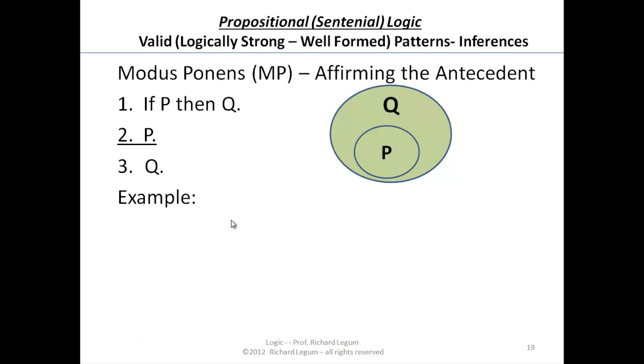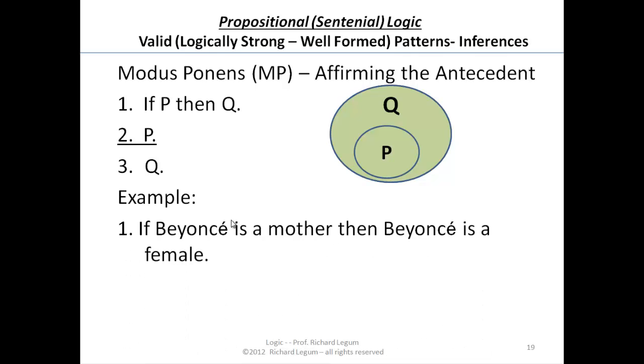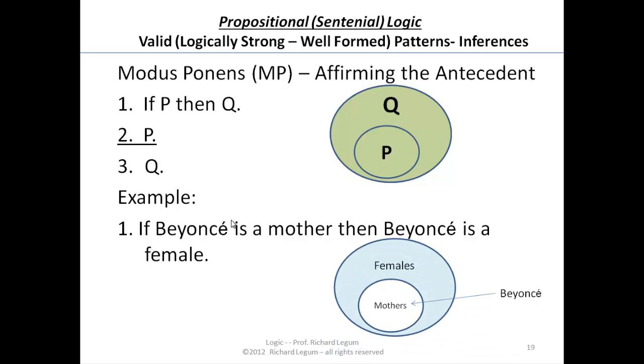And if we want to think of an example, if Beyonce is a mother, then Beyonce is a female. All cases where Beyonce is a mother, that's true there, then she's in the female circle, the bigger circle, exactly like the P and Q above. And my diagram jumped a little bit ahead.